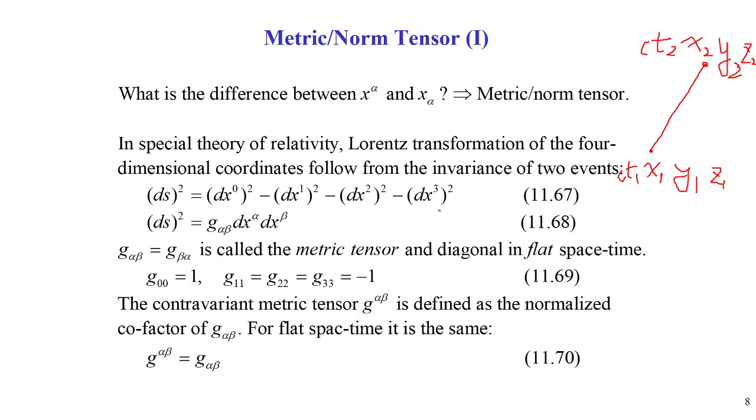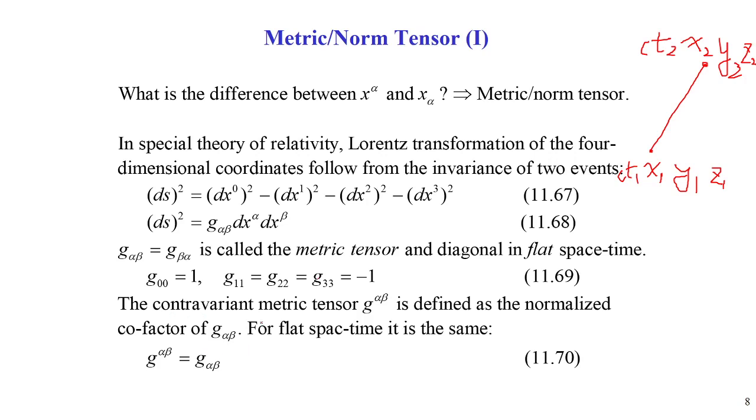No cross terms. Therefore, G alpha beta equals G beta alpha. And in flat spacetime, inertial frame, special relativity, we have a very simple metric tensor G: 1, minus 1, minus 1, minus 1.